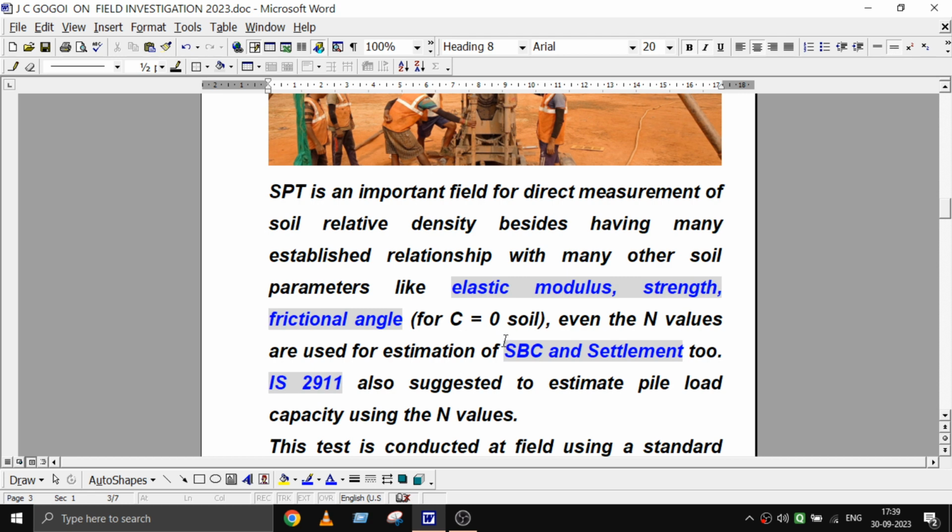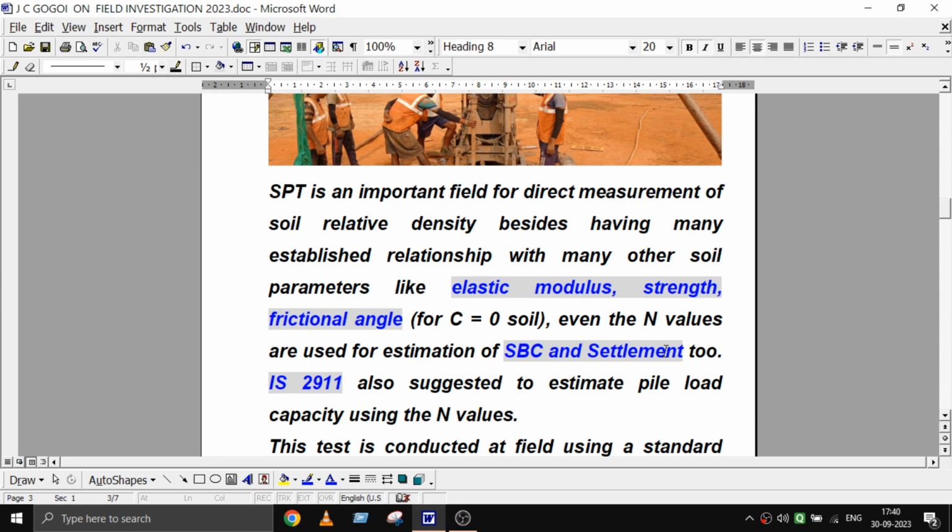And in IS 8009, there is a specific relationship that SBC is proportional to settlement, which I feel uncomfortable to accept.